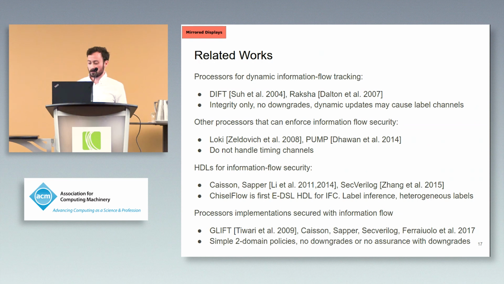There are also other processor implementations that have been secured with information flow, such as gate-level information flow tracking, as well as a number of processors which were implemented to study these languages. However, these support only simple two-domain security policies and either do not support downgrades or offer no assurance when downgrades are used.